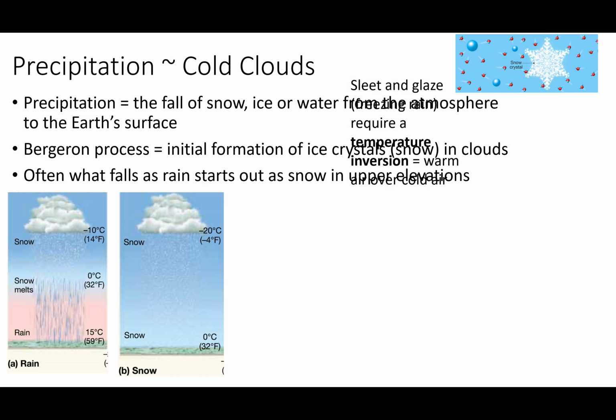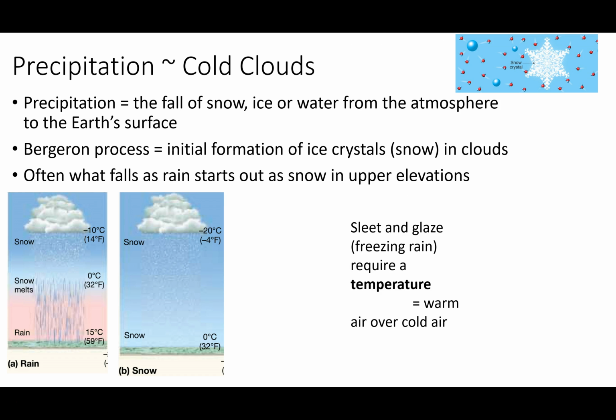Well, the other two I need to talk about are not nearly as fun. Snow isn't fun to me, I get all stressed out with them. But I need to talk about freezing rain and something called sleet. So here we go. You need what's called a temperature inversion. For this scenario, this is normal, no temperature inversion.